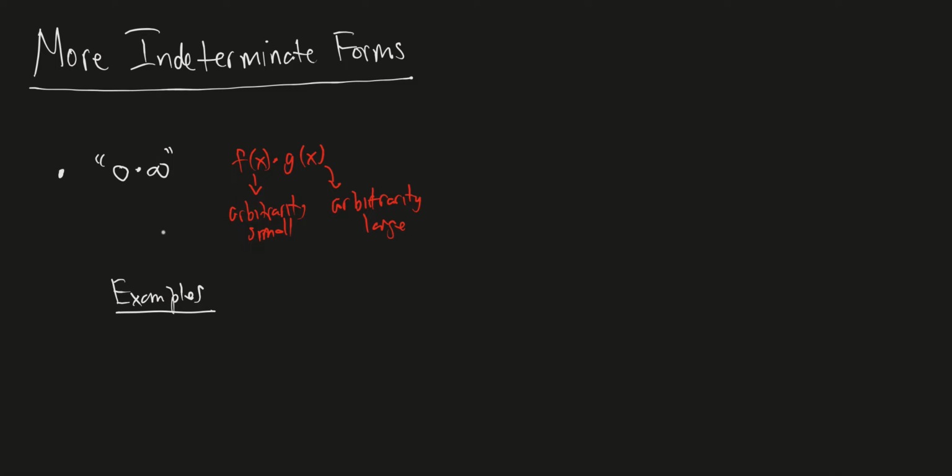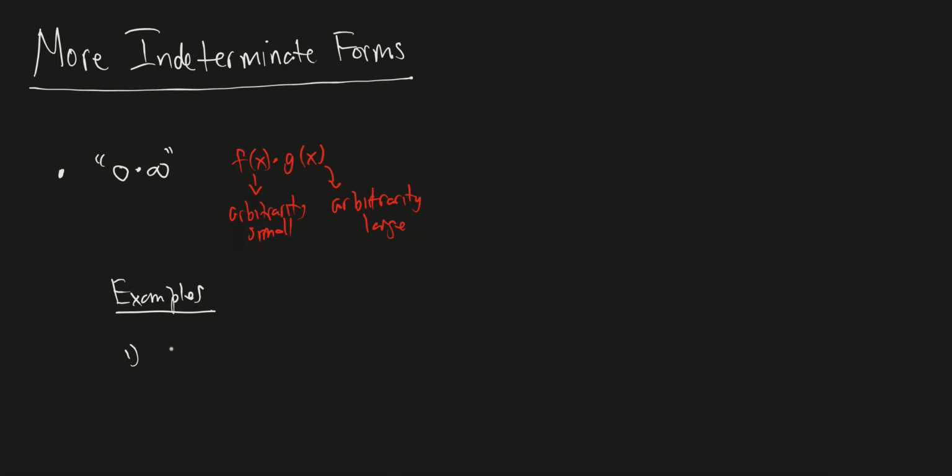In all the examples that we're going to do, we're going to find some trick from algebra, and/or trig, that will allow us to rewrite these other indeterminate forms to convert them to the more familiar ones. Even though we don't like them, we're more familiar with the 0 over 0 and the infinity over infinity. All right, so let's take a look at a few examples from this.